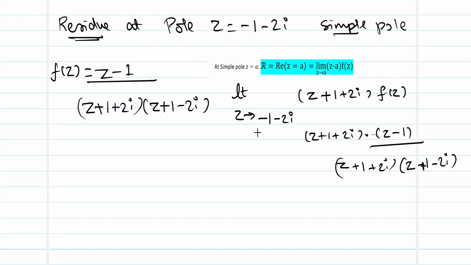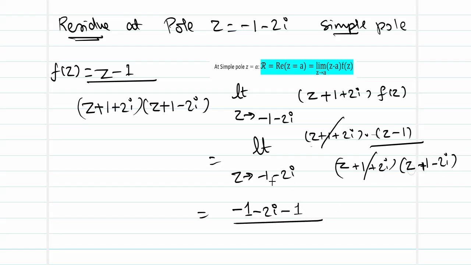Now applying the limit z tending to minus 1 minus 2i, what happens? This common factor gets cancelled off. For the remaining quantities, we can substitute z equal to minus 1 minus 2i. So replacing the numerator z with minus 1 minus 2i, and now you have an extra minus 1.